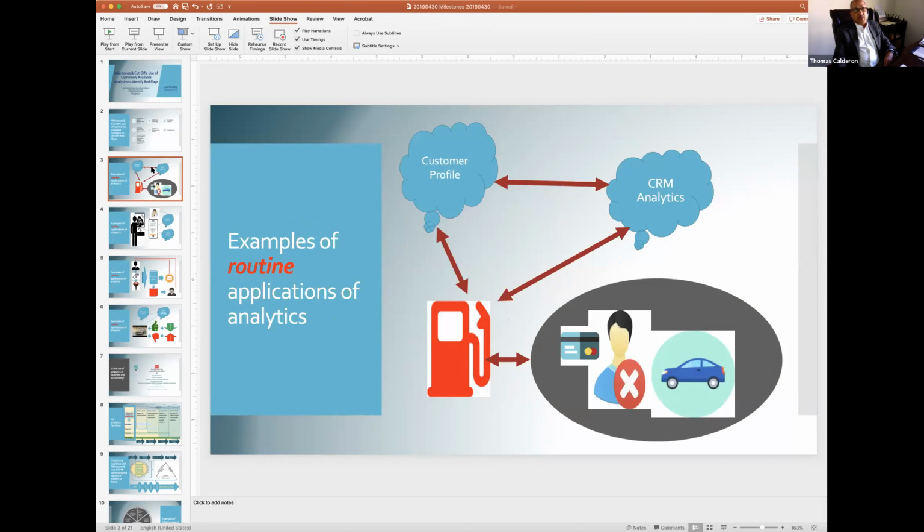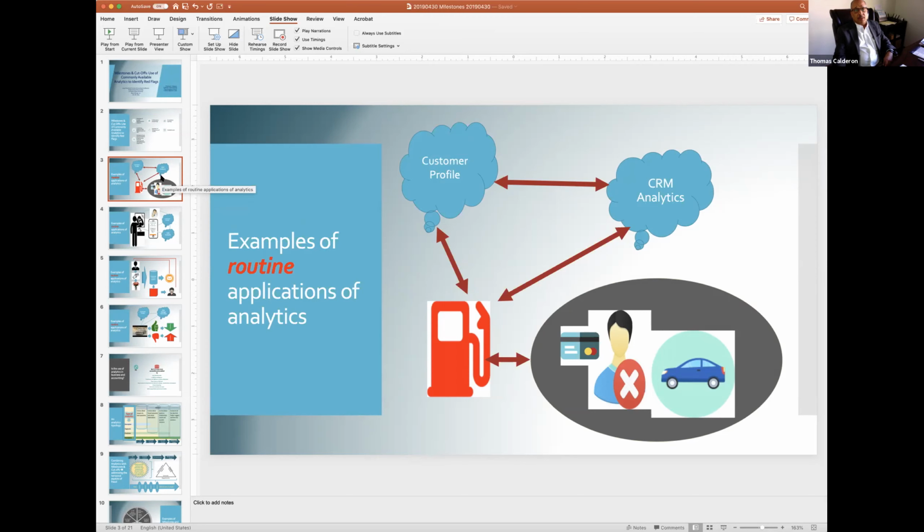As I said, we are starting off with examples of how analytics are used in business and how we are essentially subjects of analytics. Not necessarily the consumers of analytics, but we are the subjects of analytics. People are using our data to make data-driven decisions.